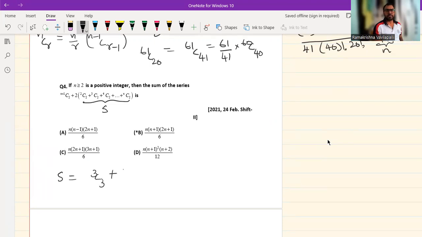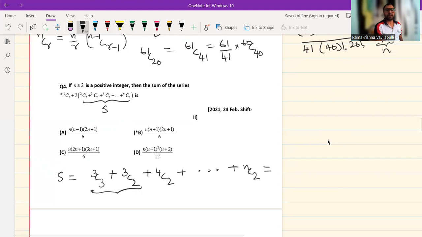So 3C3 plus 3C2 plus 4C2 plus and so on plus nC2. The sum of these two is nothing but 4C3, and again adding these two is nothing but 5C3. Like that, one keeps increasing, so you will get (n plus 1)C3.